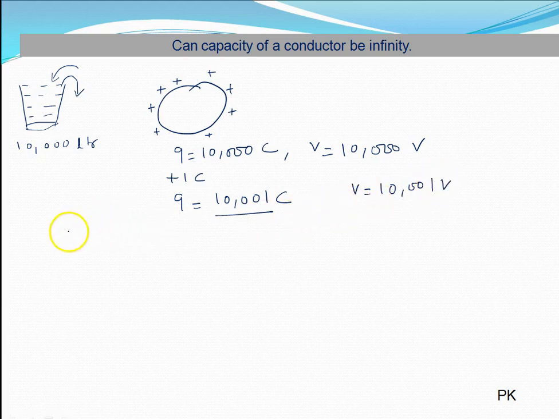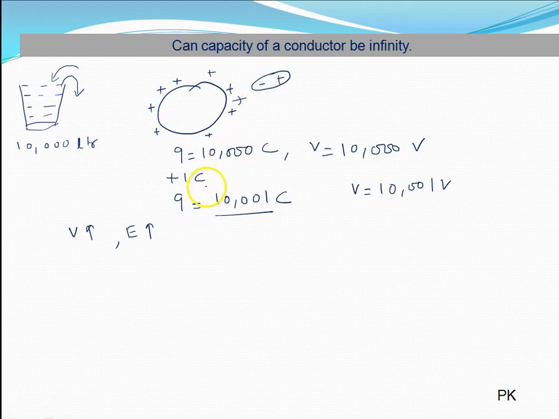And when potential increases, the electric field surrounding it also increases, as we discussed in the last slide. Now what will happen? Due to this high electric field, there will be polarization in the air molecules. Positive will move along the direction of the field, and negative will move opposite to the field.